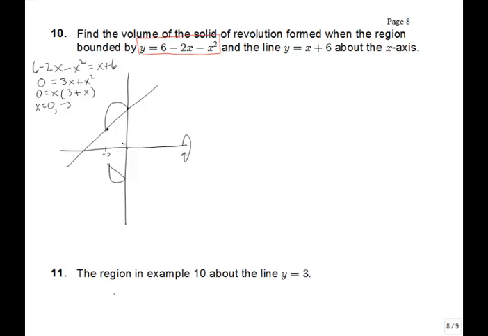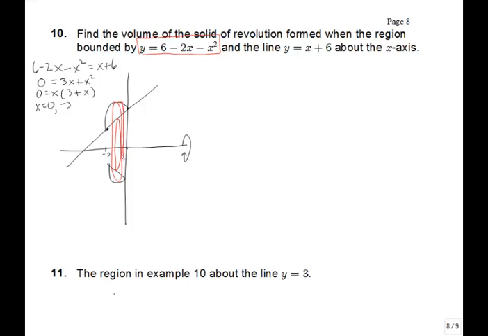And we've obviously got a hole in the middle, so we're going to want to use a disc shape. So a washer shape, two discs subtracted from each other. So if I draw my washer, I'm going to be going from the outer parabola to the outer parabola, and then from the inner line to the inner line, it's going to look something like that.